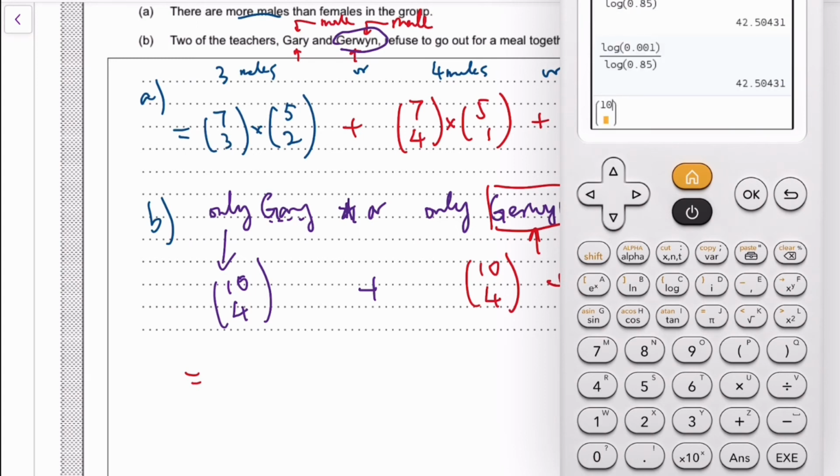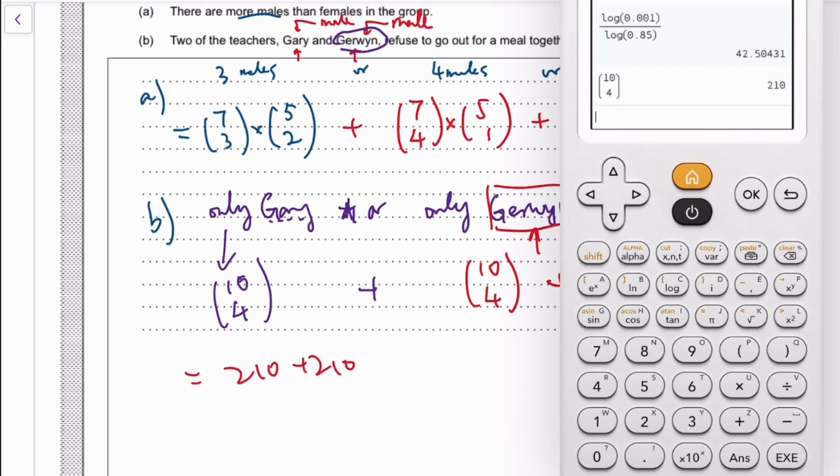So 10C4 is 210, and then 10C5 is 252. So you should get 420 plus 252. So you get 672.